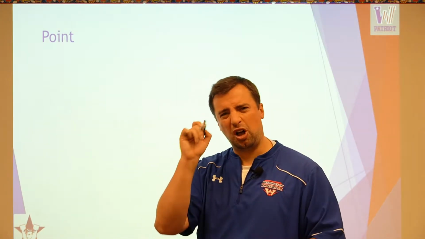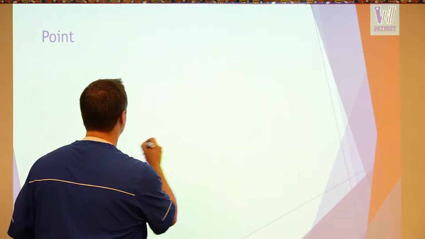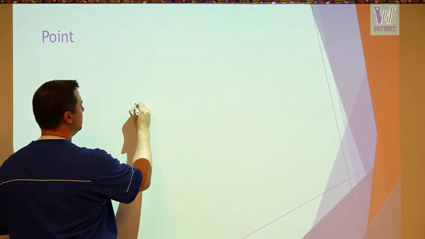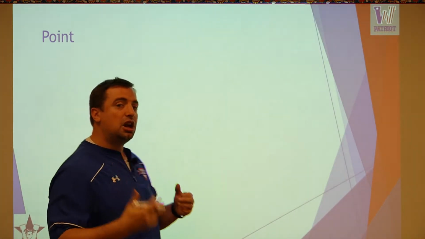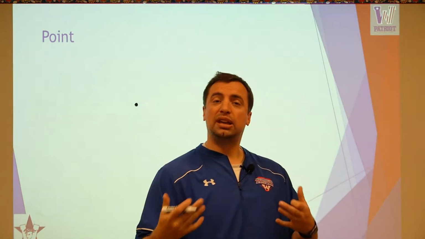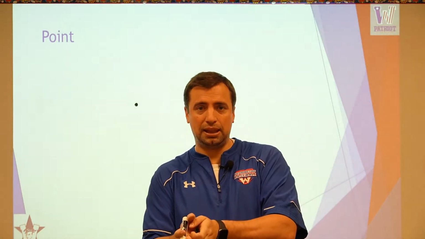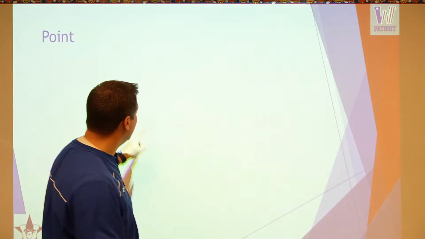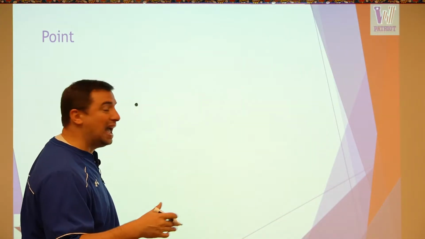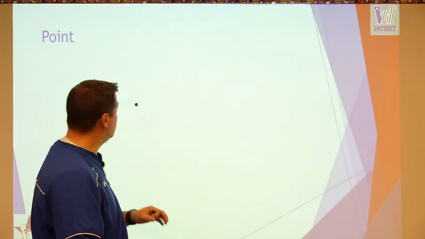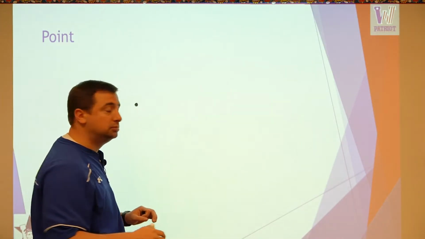And they have all these dots everywhere. Well, those dots are points, and we represent our point with a dot. That dot represents a location, a specific place. So a point is a location. It has no width, has no length. That's it. Okay?